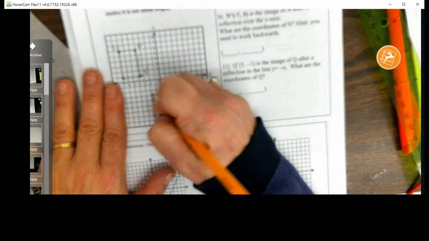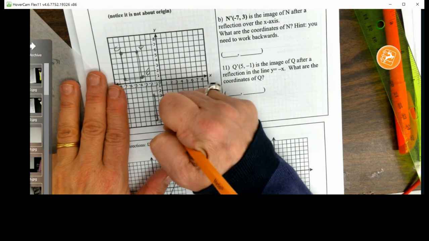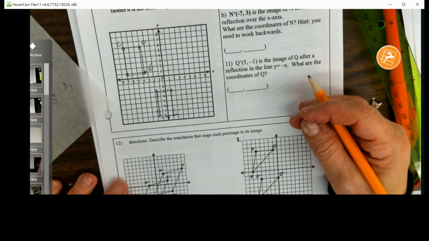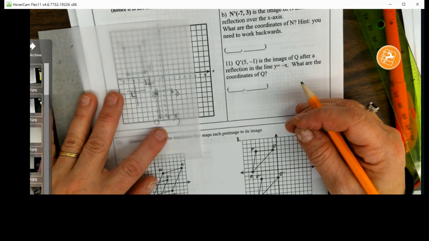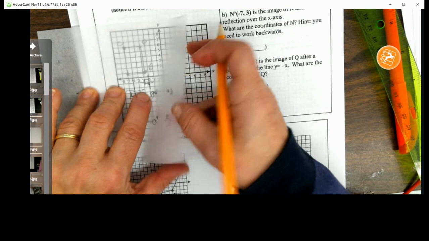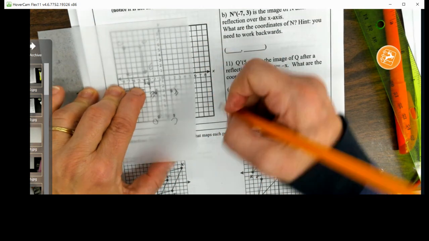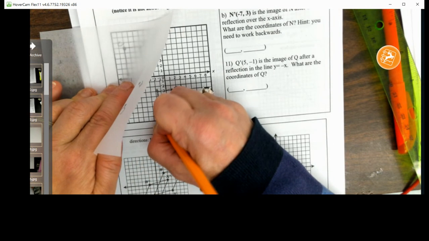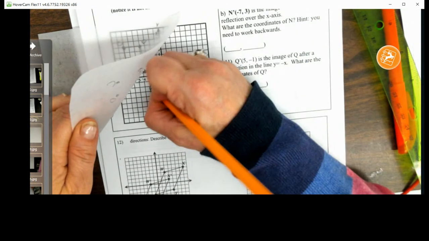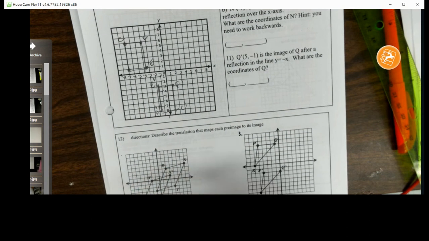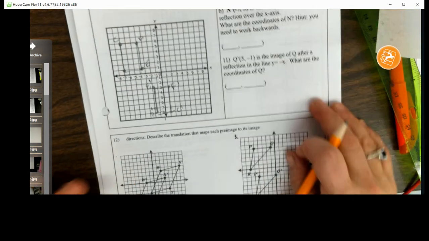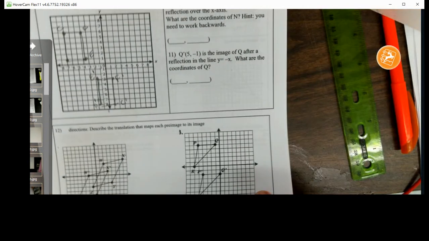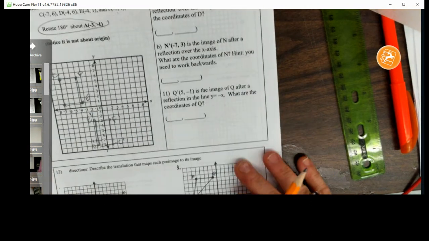This is what it looks like. Okay. This is F prime, C prime, D prime, and E prime. Okay. Now let's go on over here. I think we're done with most of the sketching.